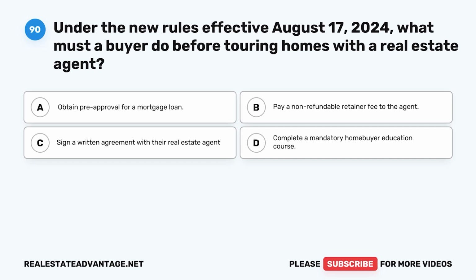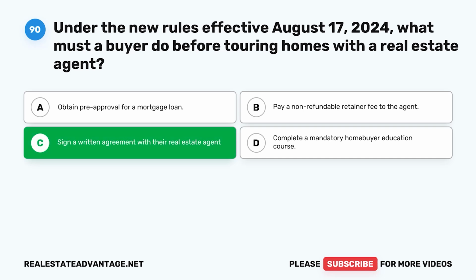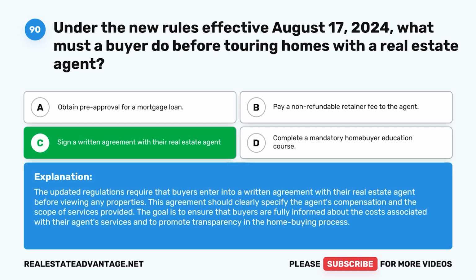The correct answer is C. Sign a written agreement with their real estate agent. The updated regulations require that buyers enter into a written agreement with their real estate agent before viewing any properties. This agreement should clearly specify the agent's compensation and the scope of services provided. The goal is to ensure that buyers are fully informed about the costs associated with their agent's services and to promote transparency in the home buying process.